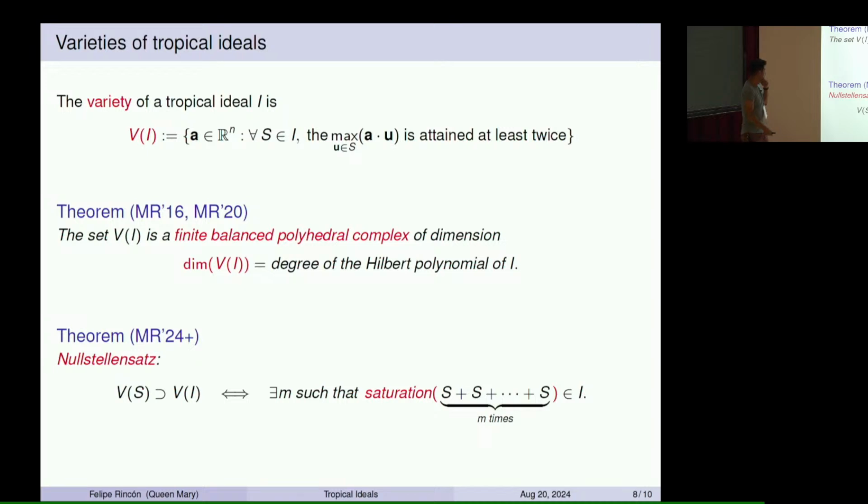More recently, we've been working on things like, there's still some connection between the algebra and the geometry. There is the Nullstellensatz in algebraic geometry and commutative algebra that tells you that if you have a polynomial that vanishes on an algebraic variety, then that's because some power of that polynomial is in the ideal that defines that variety.